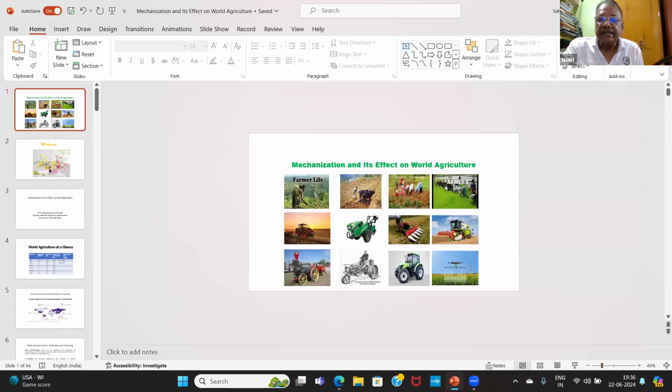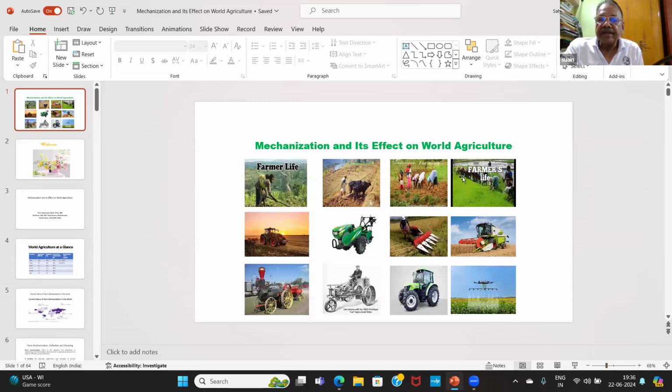This one is transplanting by women folk by putting a rope. Two persons are standing, one at this end and another at that end, and there is a rope. So they put the seedlings in a row.